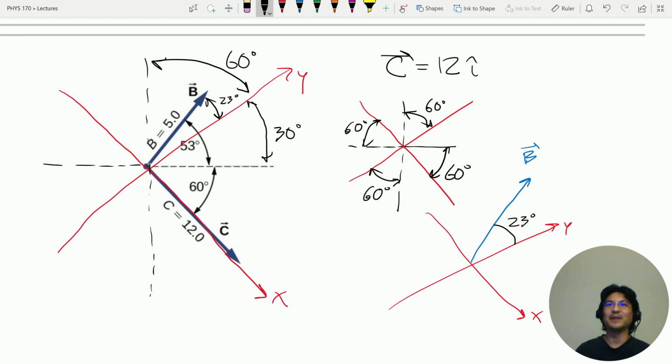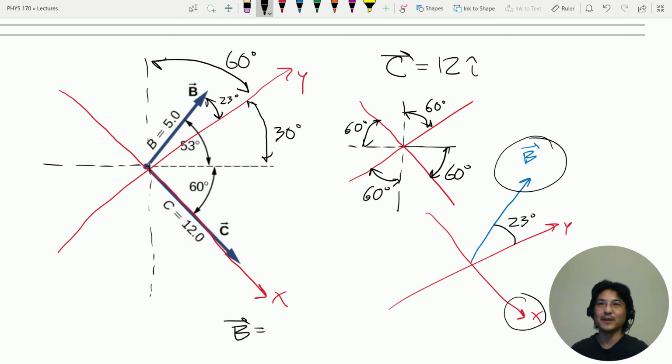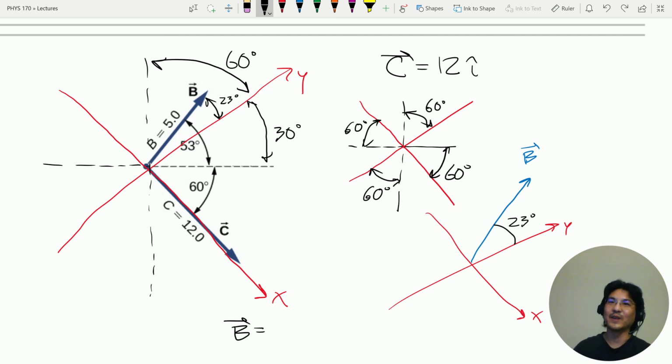Right? So then vector b, right, the x component, x is here, and then b is over here, right? So it's in the negative x direction, negative 5, and then the x component here is opposite the angle, sine, right?